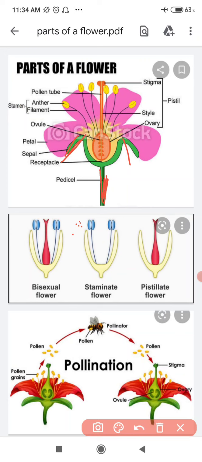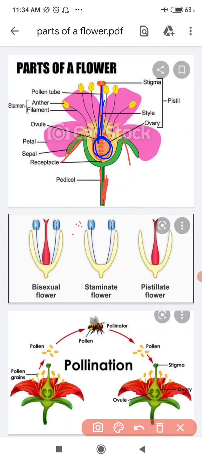In the center of the flower, a flask-shaped structure is attached to the thalamus. It is called pistil or carpel. See here, pistil is the female part of the flower. The swollen base of the pistil is called the ovary. The long thin tube-like part of the pistil is called style.